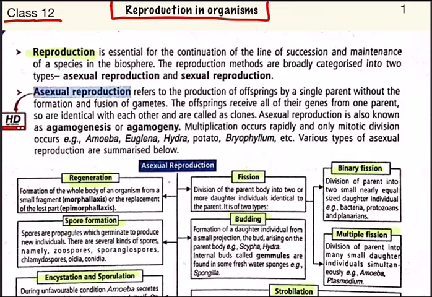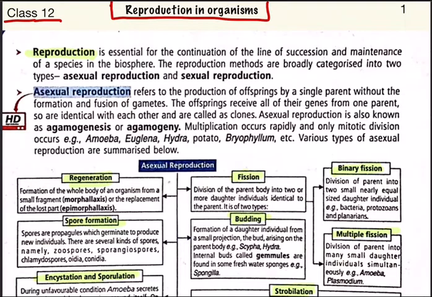As all of you know, the definition of species is that species are groups of animals or plants that exhibit similar characters and interbreed among themselves to produce similar animals or plants. Hence, reproduction is very significant because it helps plants and animals to produce their own type.